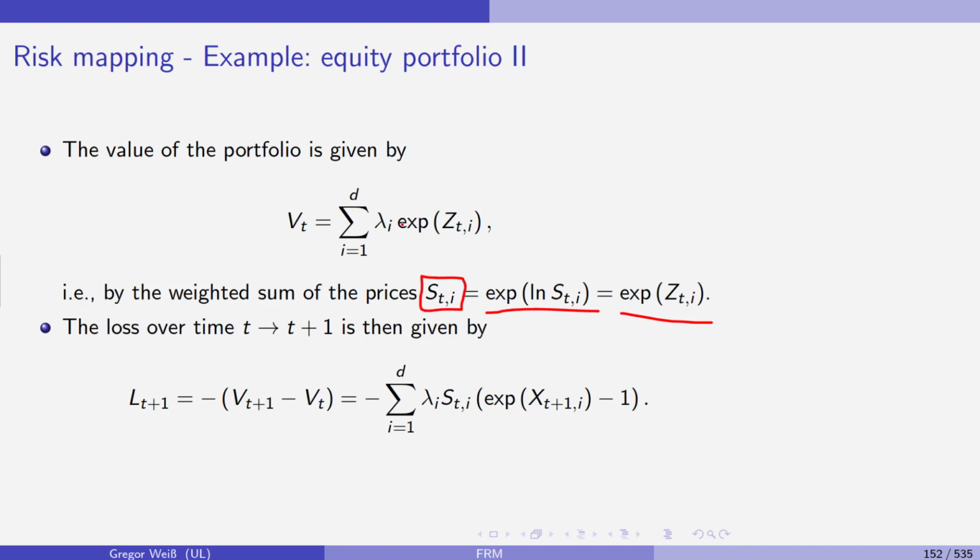So we could have also simply written lambda_i times S_t,i. The loss over time is then given by L_{t+1}, per definition, minus (V_{t+1} minus V_t), and then we have minus the sum over all stocks in the portfolio of weights times S_t,i times the exponential function of the change in the risk factor minus 1.